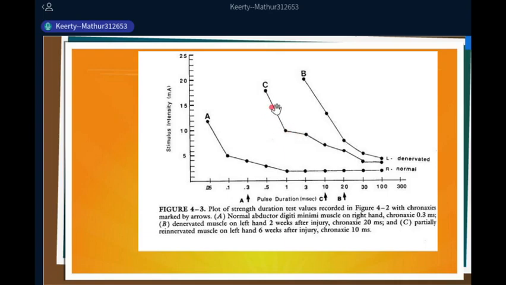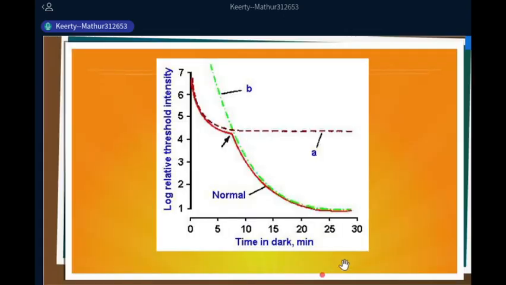Okay, then, this is the representation of a partially innervated muscle fiber graph. We can see this is the kink, and after this the graph obtained is because of the innervated muscle fibers, and this point indicates the point of denervation.